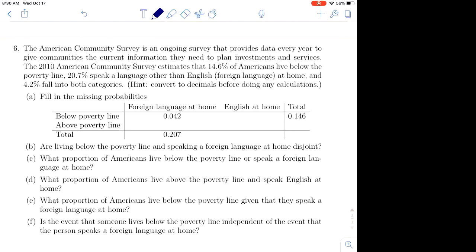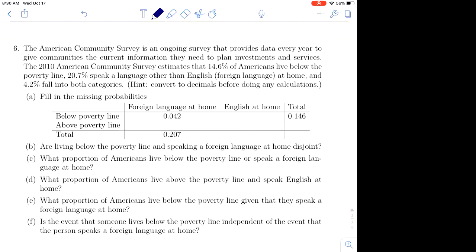So this question is a probability question.